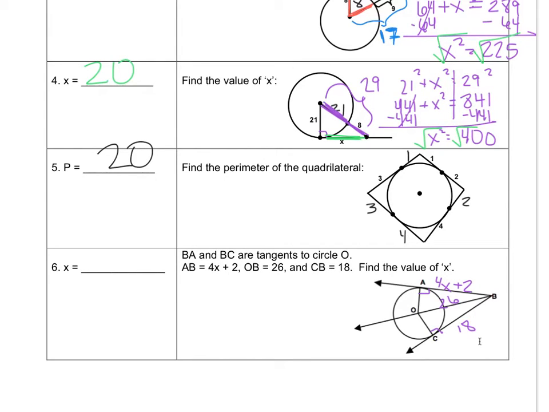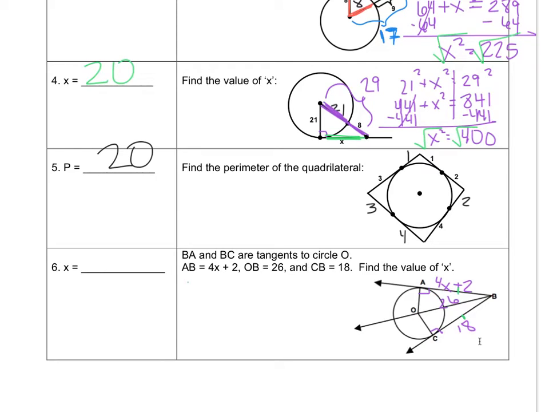Well, part of this is extra information. So you have this exterior point, and the two tangents that it makes with the circle are from B to A and B to C. So these parts are congruent. 26 has nothing to do with this problem. It's extra information. Okay, so you know that these two segments are congruent. So you're going to set those equal to each other.